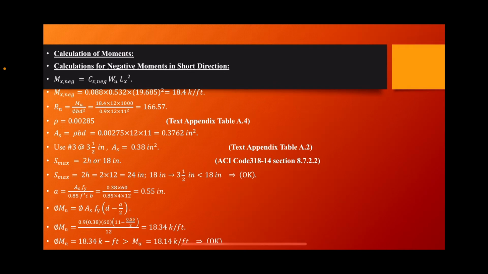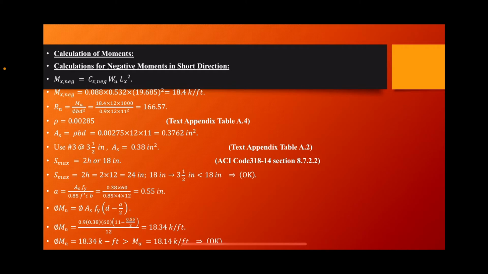The first moment we calculate is the negative moment in the short direction. We got 18.4. Then we calculate the Rn to get the rho. To calculate the area of steel required, we got 0.3762 square inches. So we use number 3 bar at 3.5 inches of spacing.